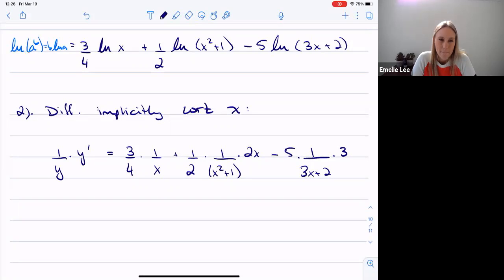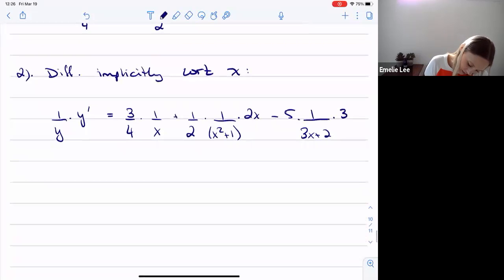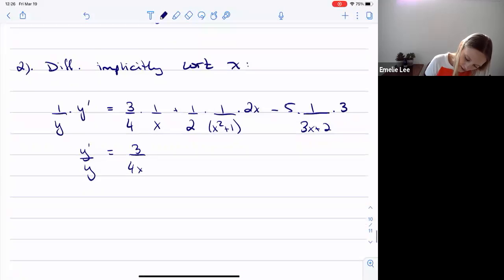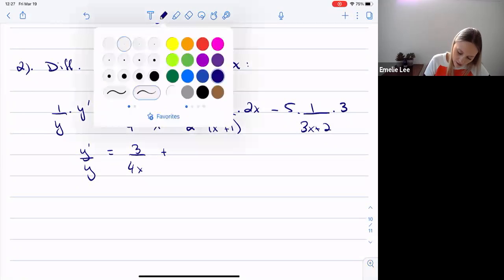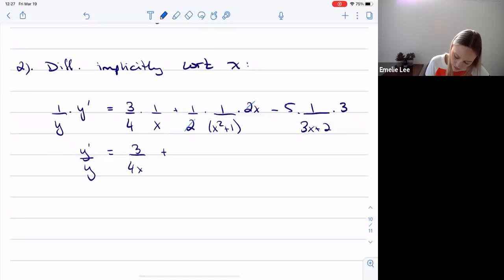Okay. Let's simplify the right-hand side for a little bit. I can also put y prime over y if I want to. First term becomes 3 over 4x plus 2x over 2 times x squared plus 1. I can cancel these 2's, right?